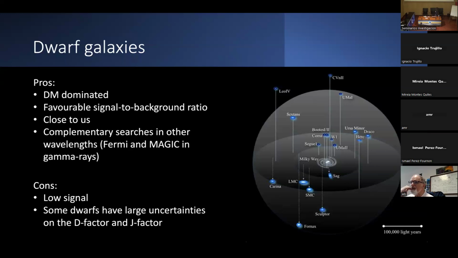With gamma rays, you have data from Fermi and MAGIC. For optical, you have MUSE. So you can see the same object in different wavelengths, and you can learn more. The cons are that the signal might be lower compared to diffuse emission if you look in the right direction, and you also might have a lot of uncertainties, especially if you look into ultra faint dwarf galaxies.